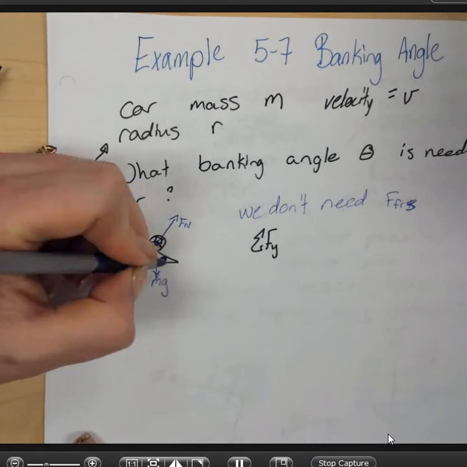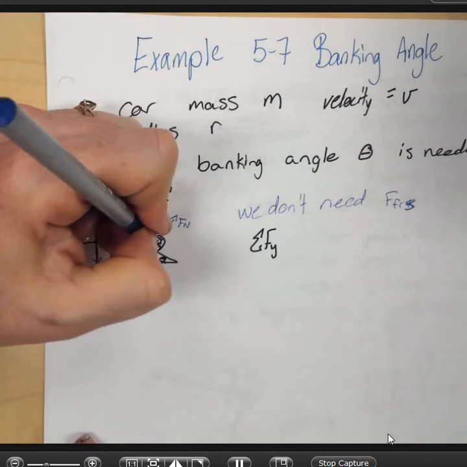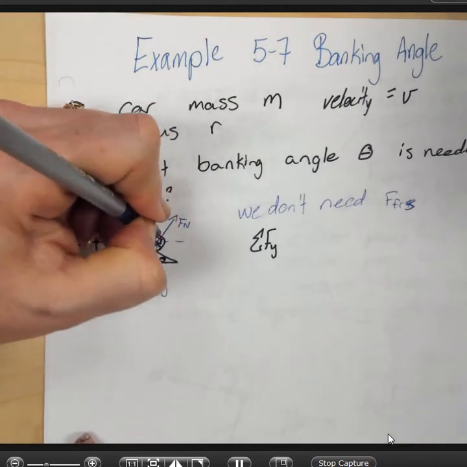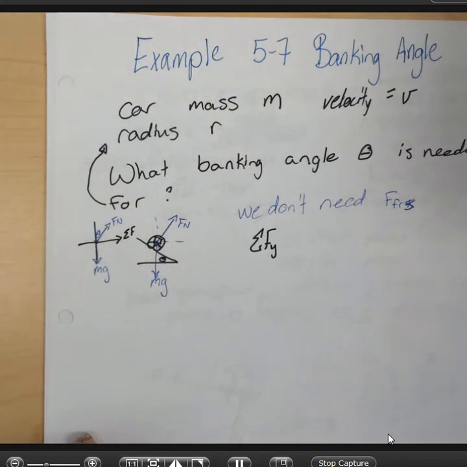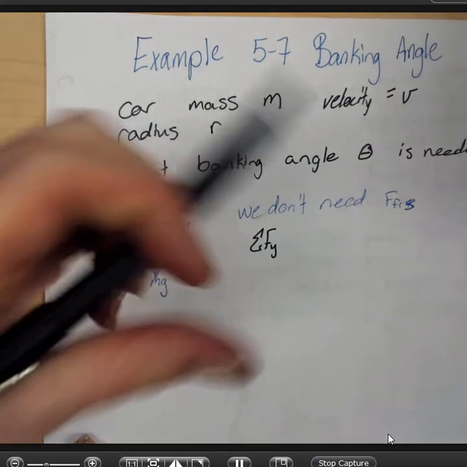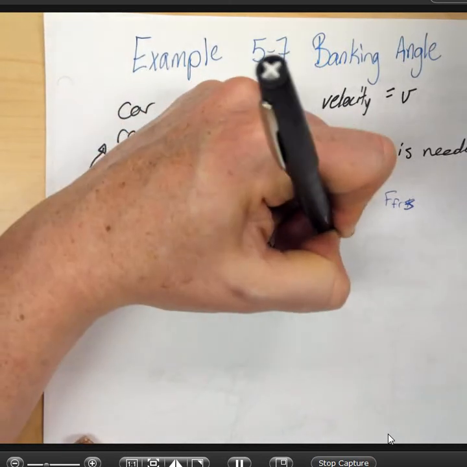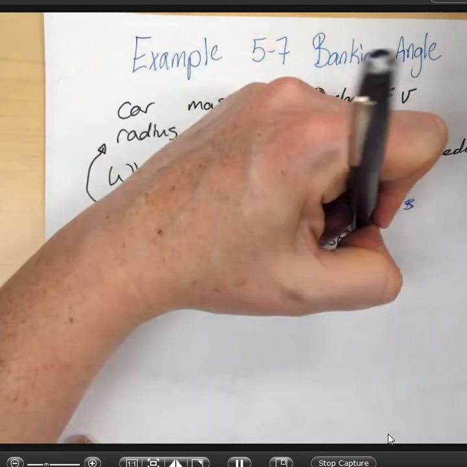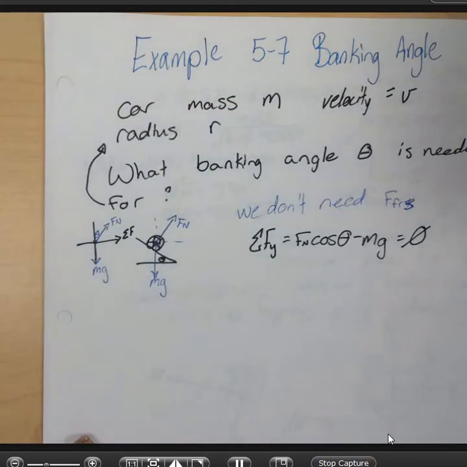Now we have to place our angle. Our angle belongs right there from similar triangles. And if we do that in the y direction, we've got the y component of normal force, Fn cosine theta, and then we've got mg, and that equals 0 because we're on Earth with regular conditions.